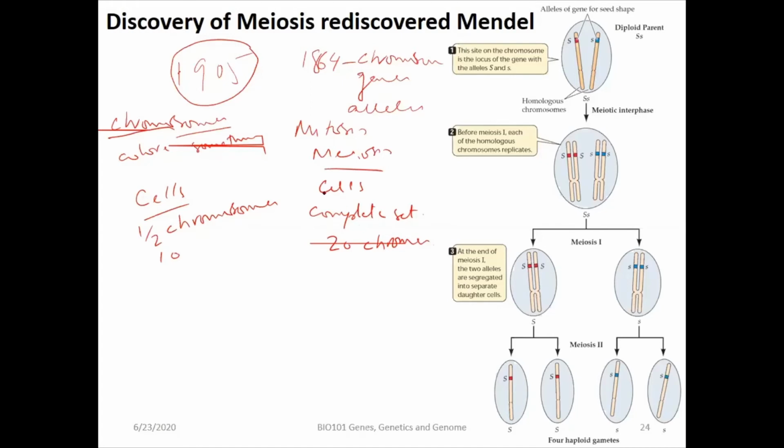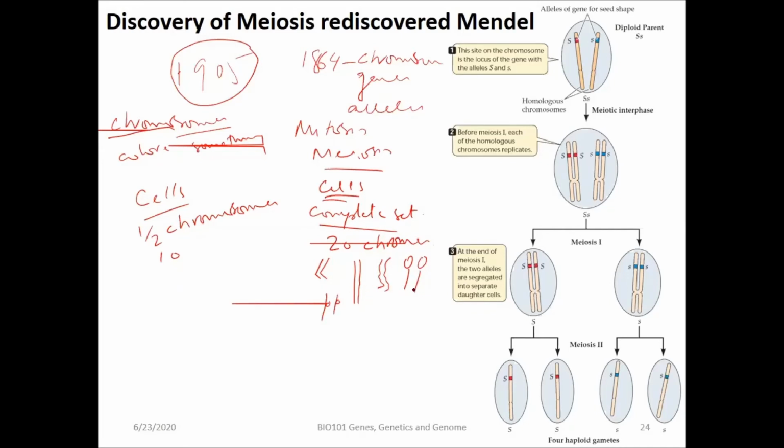And these cells had chromosomes in pairs, a complete set. For example, this is one kind of chromosome looking, the other one is like this, another one is like this, another set is like this.